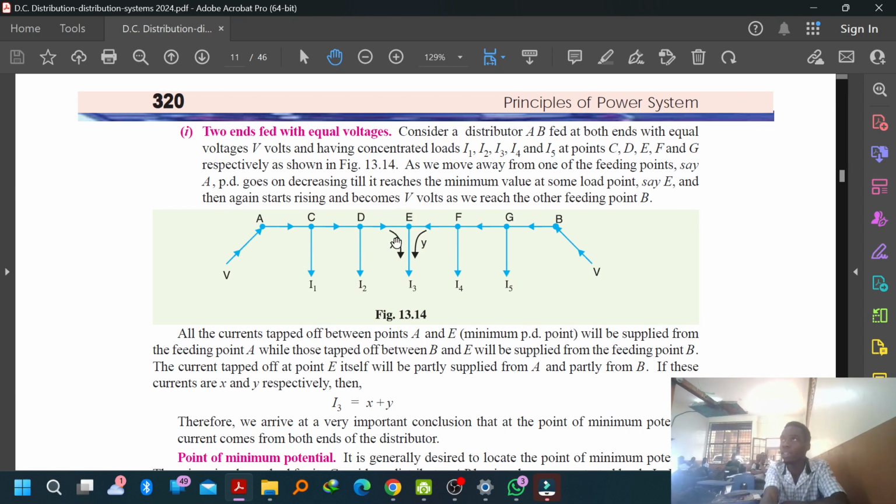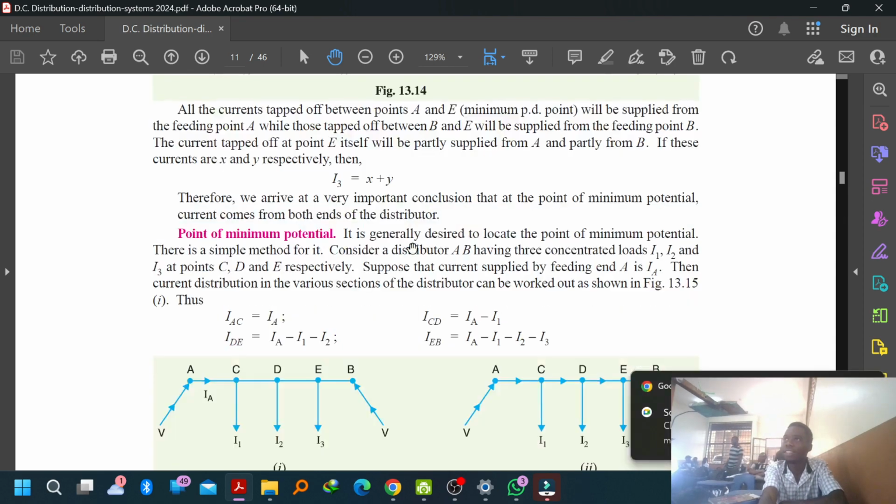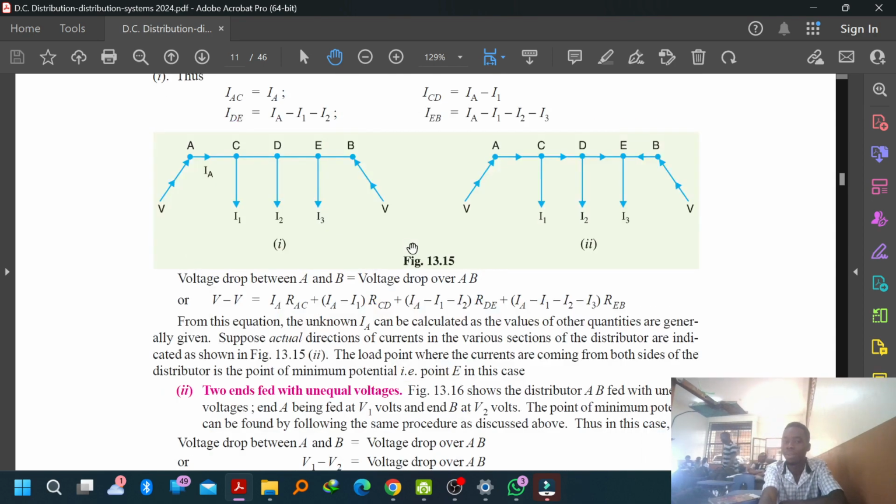So for example, in this section here, at the point E where the currents are changing direction from this direction to this direction, is our point of minimum potential, just as Mr. Beru had clarified earlier on. So that is just briefly a preview of what we had done.